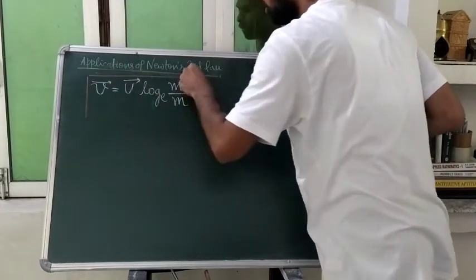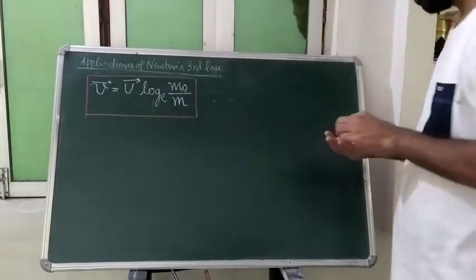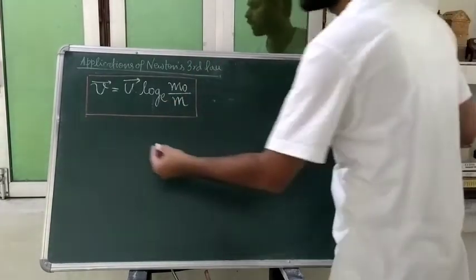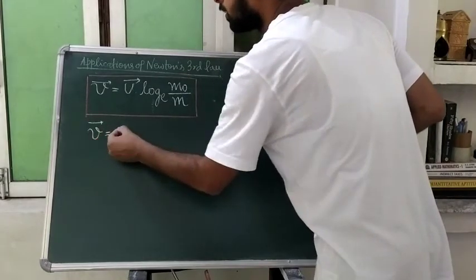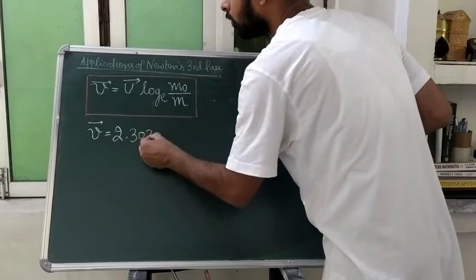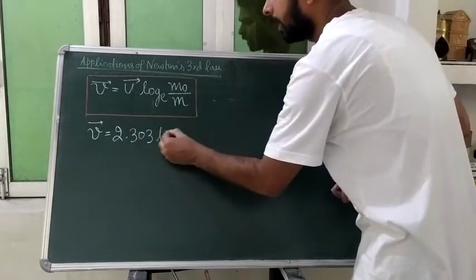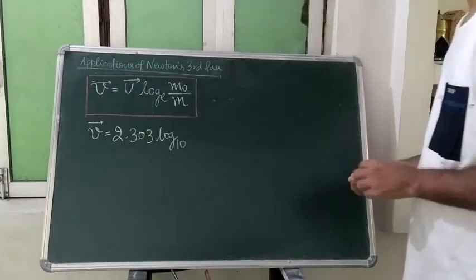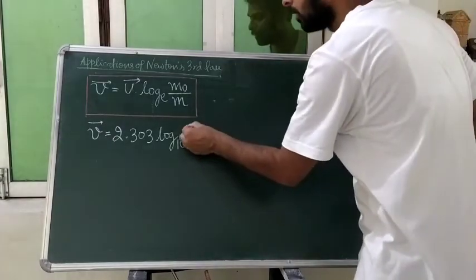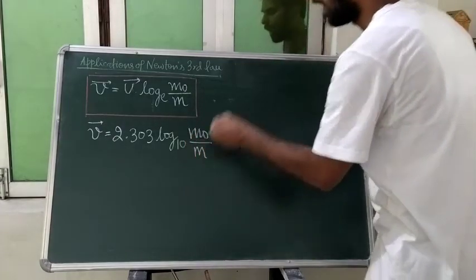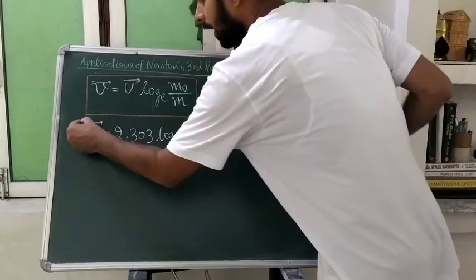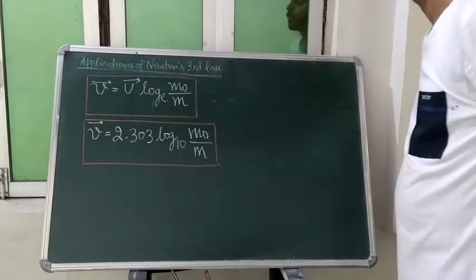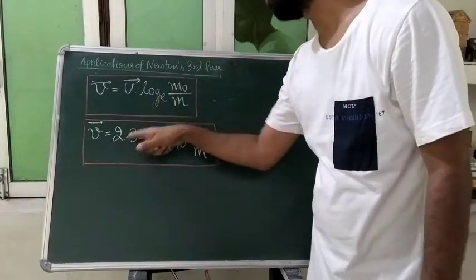And when you change the base of that log from e to log base 10, you will multiply this expression by 2.303, and here the base of the log will change from exponential to log base 10 of m naught by m. Getting? So when you change the base of the log from exponential e to base 10, you will multiply the expression by 2.303.